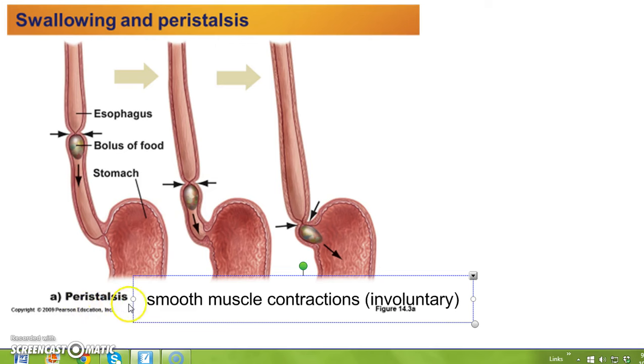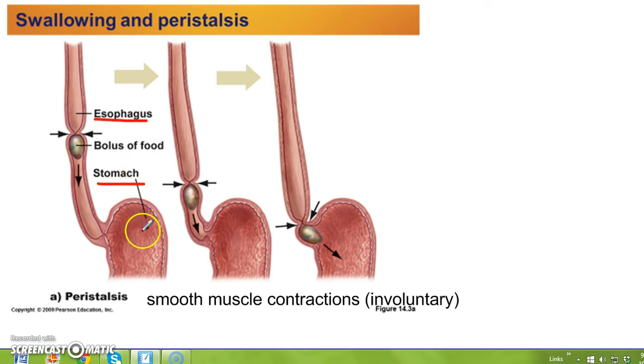So peristalsis is anytime we see smooth muscle contractions. Here we have that happening in the esophagus, moving food towards the stomach, and there's a lot of churning happening in the stomach. That is continued peristalsis that's physically churning and moving your food, breaking it down into smaller pieces.